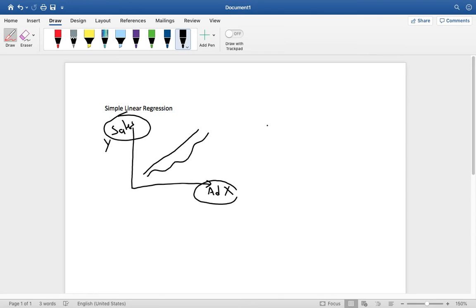Let's consider students that are going to take an exam, and let's suppose that the exam score is going to be recorded. So that's their exam score, and we're also going to record the hours they spent studying. Let's put the hours here.